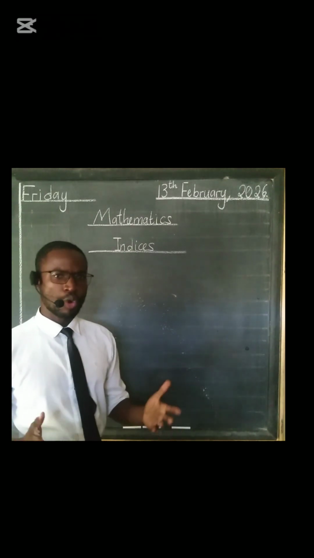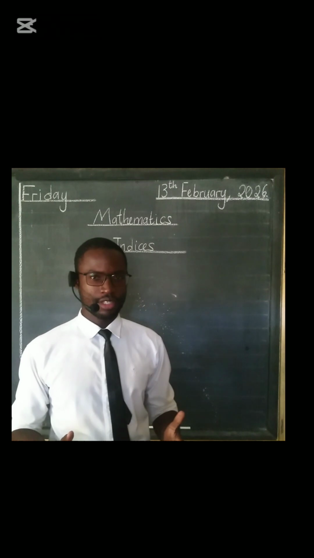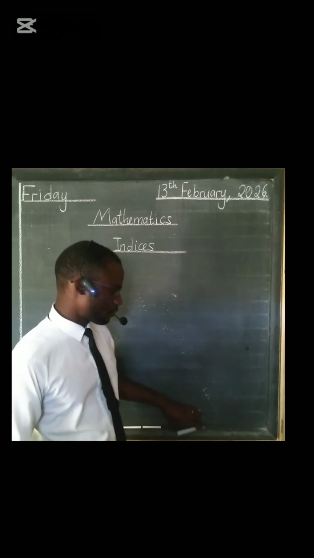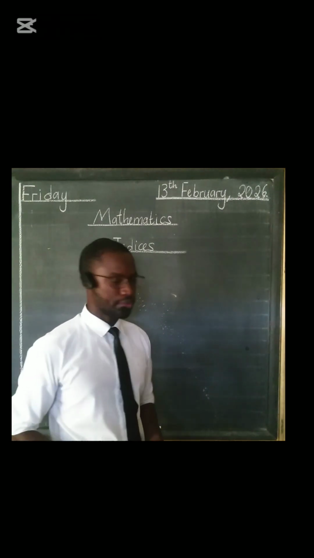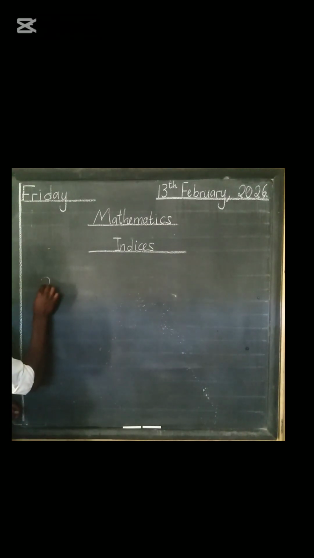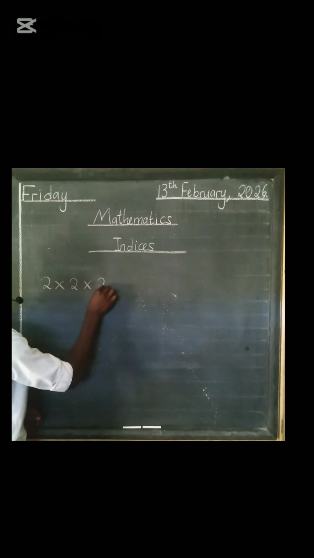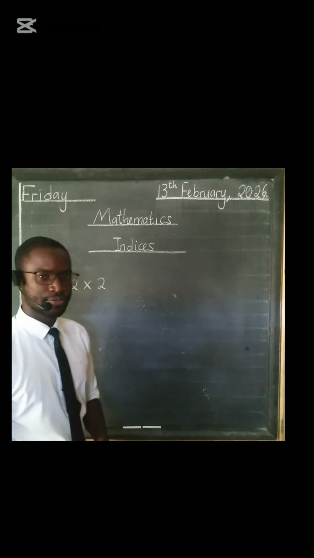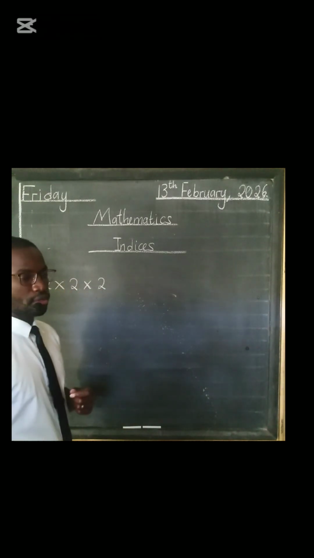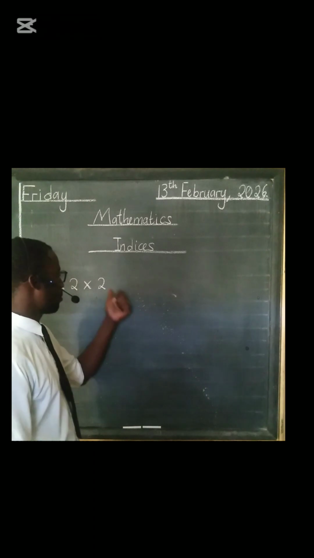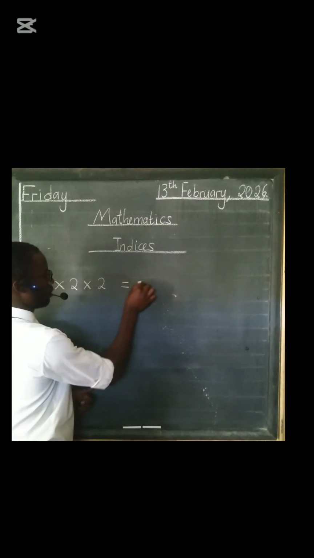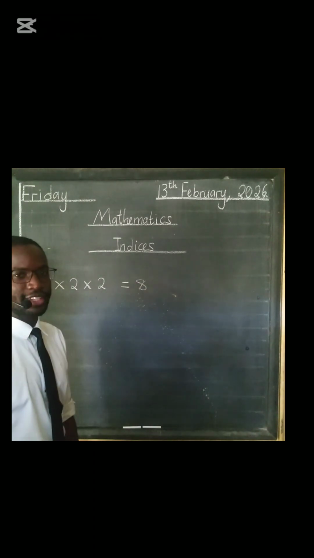So first of all, what are indices? To begin with, imagine you have this situation. You are given an expression that looks like this: 2 times 2 times 2. 2 by 2 is 4, by 2 is 8.